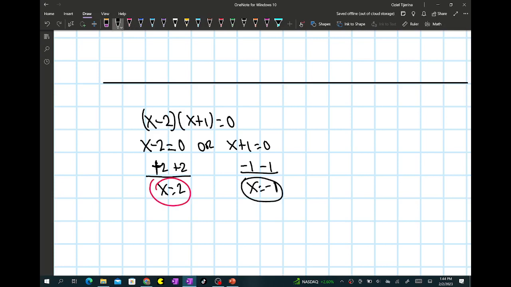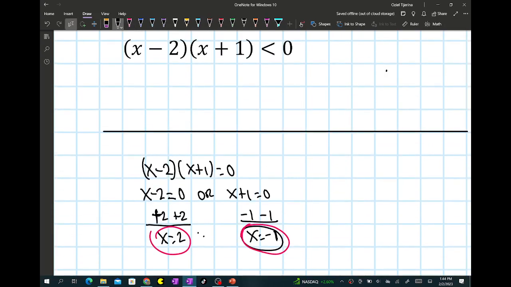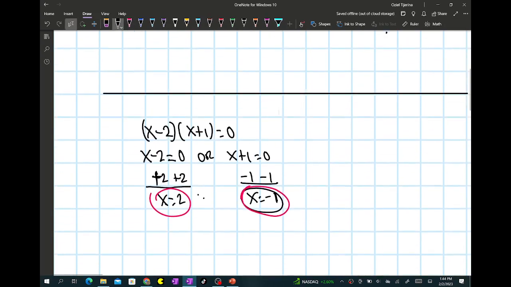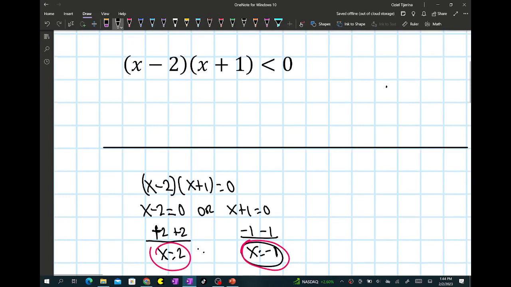So that is the main thing. These are going to be my two main points that I want to test. Because it's less than, I'm obviously not going to include x equals negative 1 or x equals 2, right?